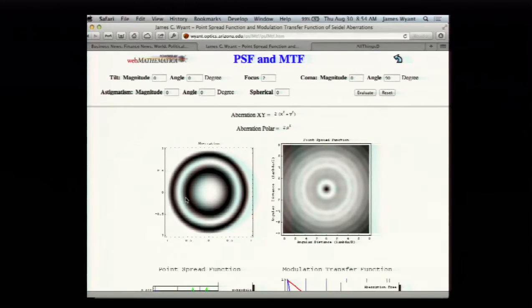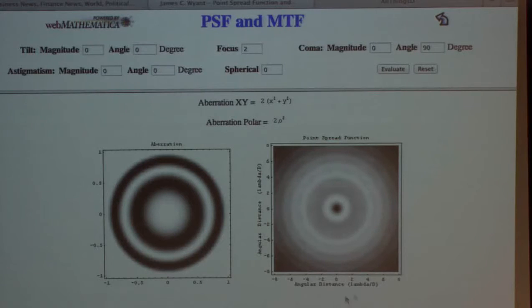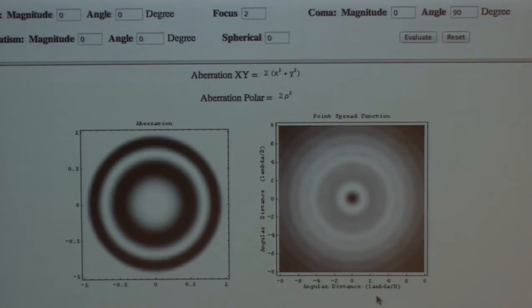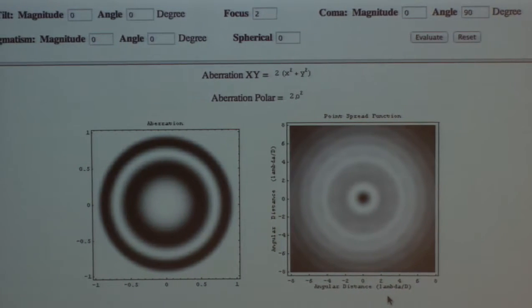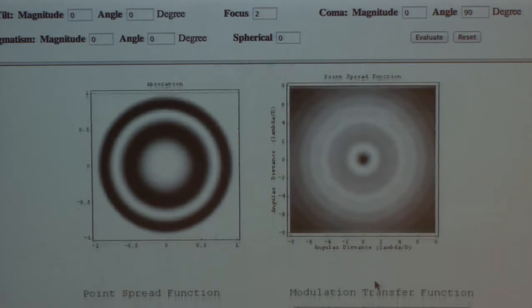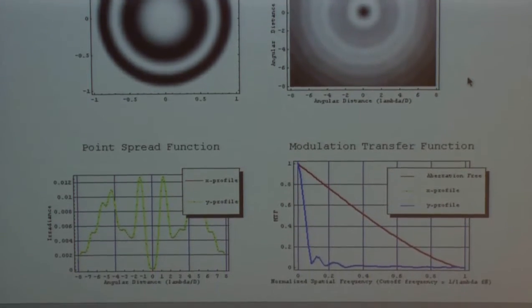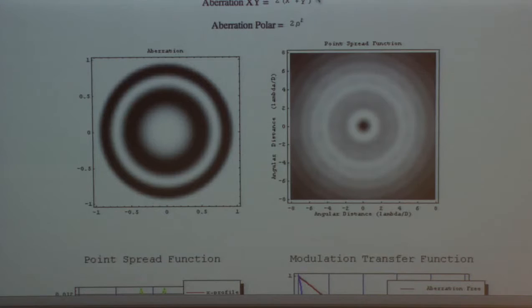This is our contour map. This is our point spread function. I picked an integer number of waves, so I got a dark spot on axis here. This is distance out here in lambda over d. If I had no aberration, the first 0 would be 1.22 lambda over d. And this is showing what the image looks like here.